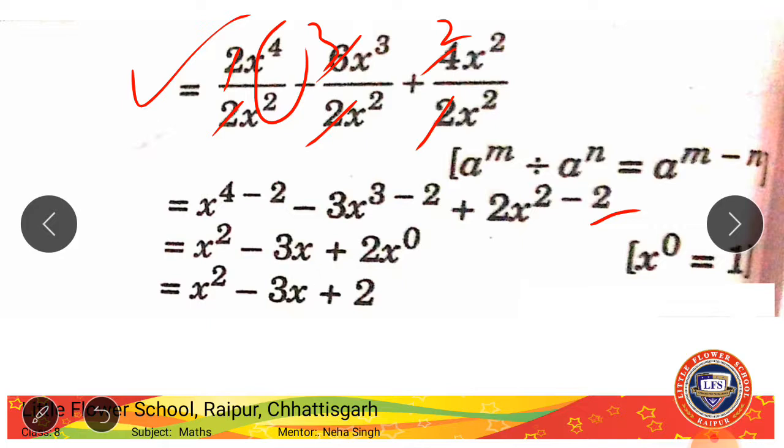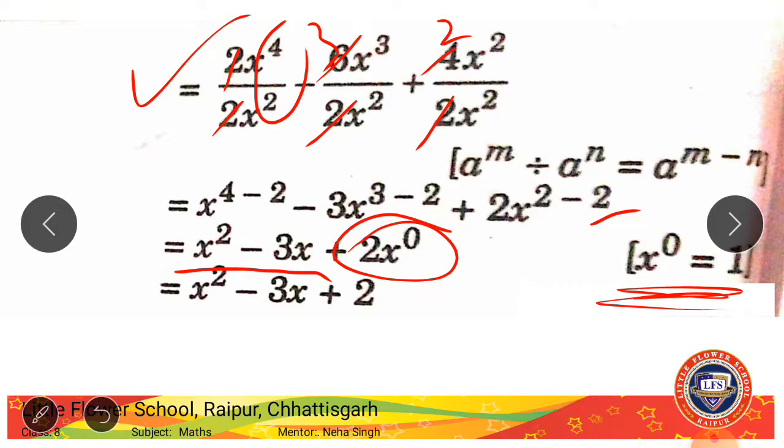Now 4 minus 2 here will be x square minus 3x plus 2x power 0. Now we know the identity property we have studied in exponents, that any number power 0 will be 1. So x power 0 will be 1. So our answer is x square minus 3x plus 2. This was one method.